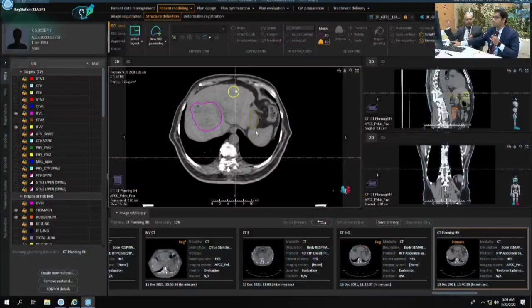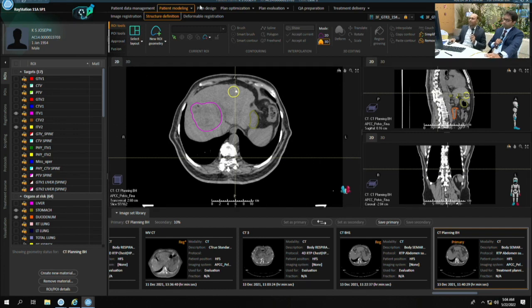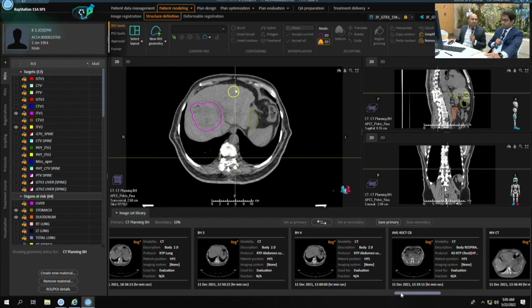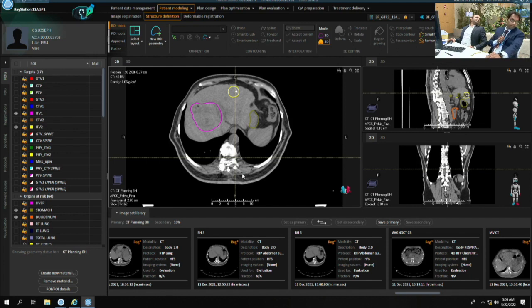As per protocol, for this patient we had to coach him for almost 3 days to get the best reproducibility of the deep inspiratory breath hold. Ultimately, we made sure the reproducibility of the deep inspiratory breath hold was less than 3 millimeters.